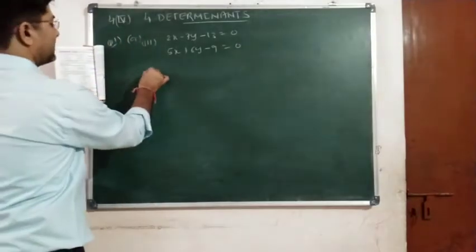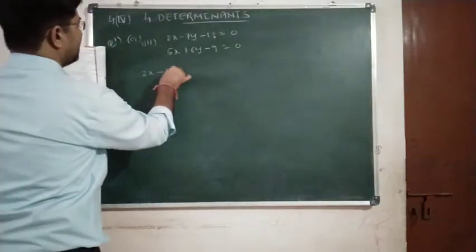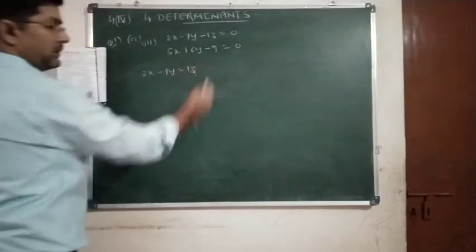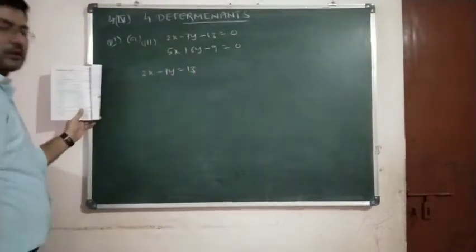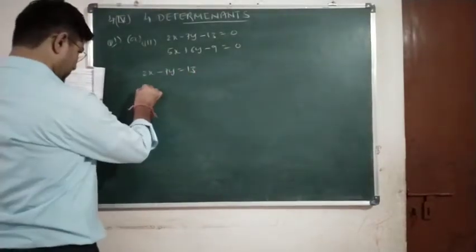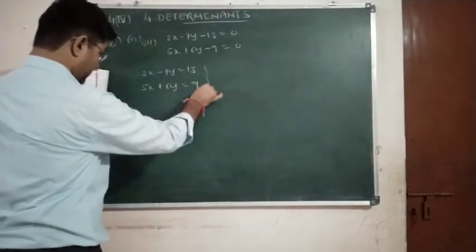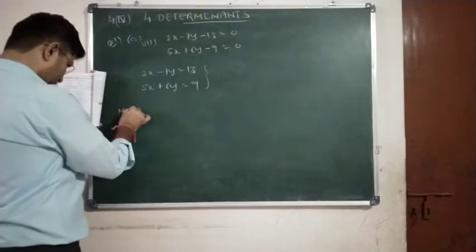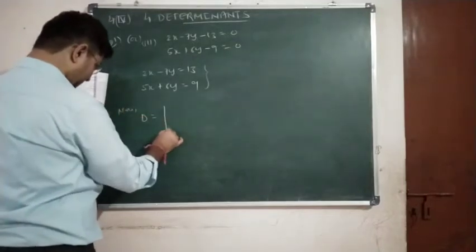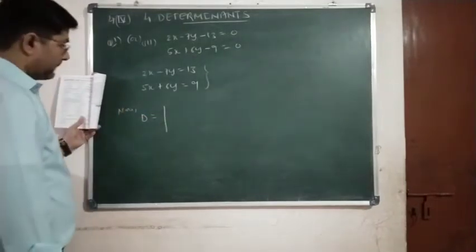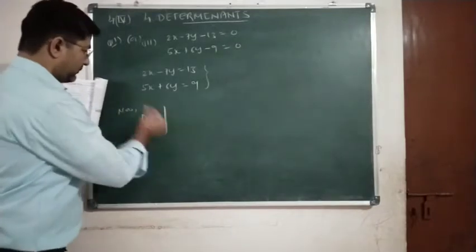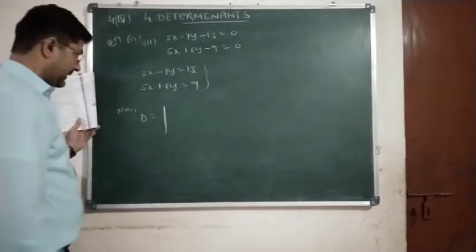Now the equations can be written as 2x minus 7y is equal to 13; we will transpose the constant terms to the right side. 5x plus 6y is equal to 9. Now we will take determinant D to be the determinant involving the coefficients of x and y.